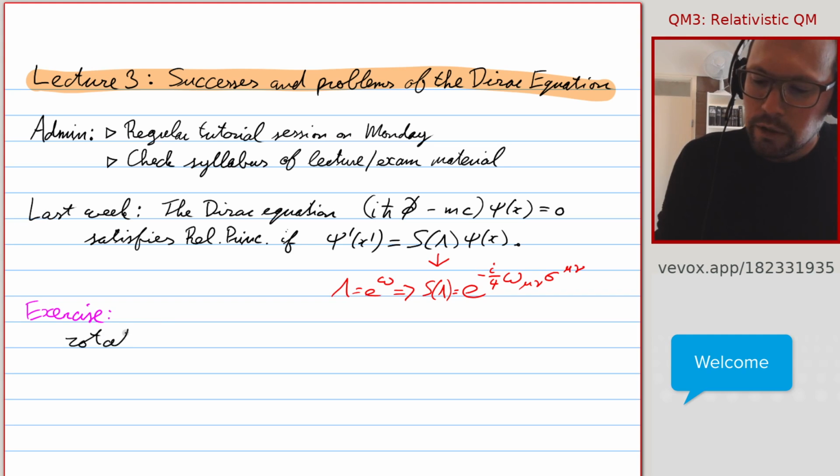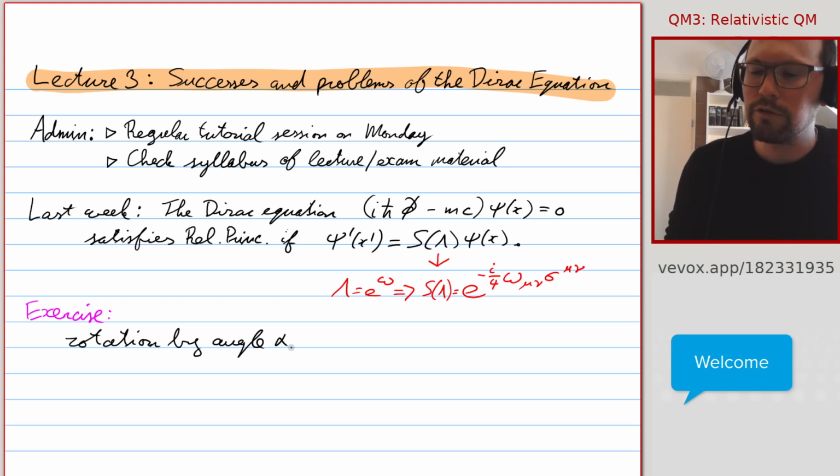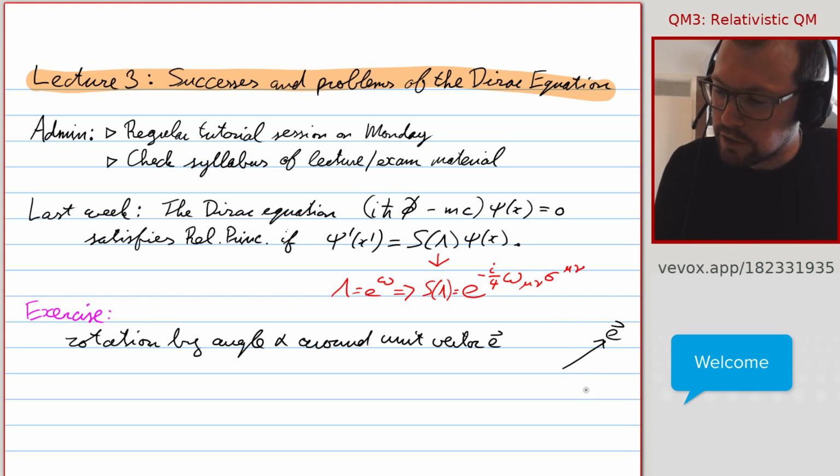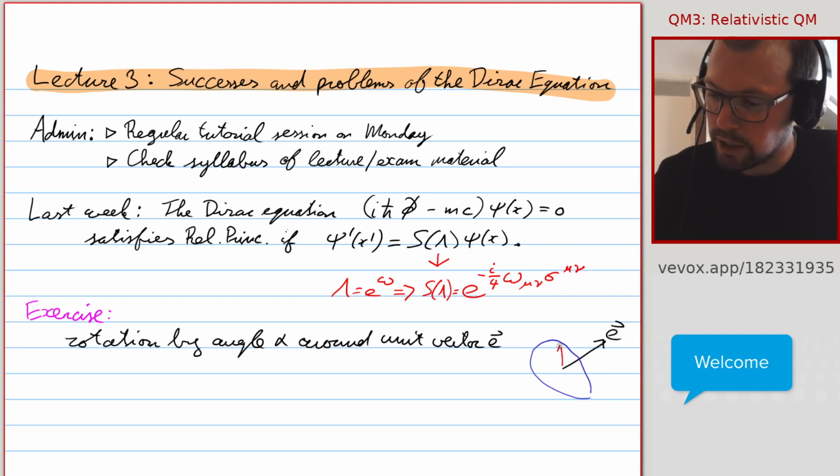There you're going to look at rotations by an angle alpha around some unit vector, let's call that E. So we have some unit three-dimensional vector E, and we're looking at rotations that rotate vectors in the plane perpendicular to this by an angle alpha.